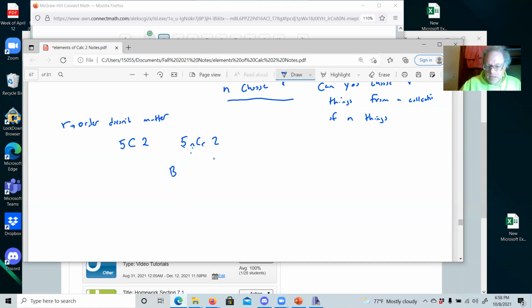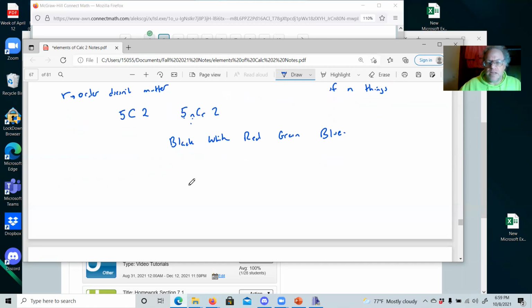So we have black, white, red, green, blue. How many ways are there to pick 2 of these colors from this selection of 5? Black will be B, white will be W, we have red, green, and blue will be U.